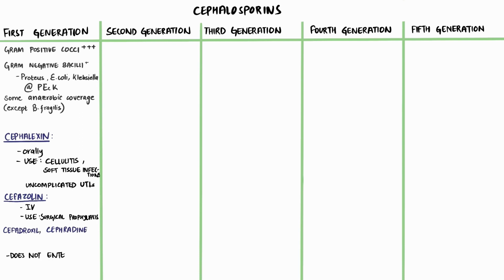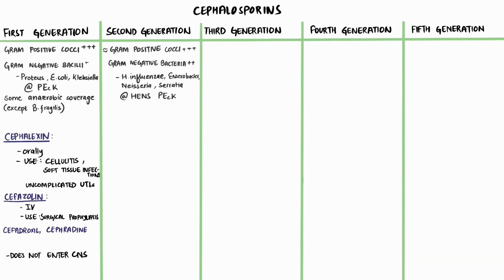Now moving on to second generation cephalosporins. They have similar activity against gram-positive cocci, but increased activity against gram-negative bacteria, which includes Haemophilus influenzae, Enterobacter, Neisseria, and Serratia. Plus, the usual Proteus, E. coli, and Klebsiella, which is similar to the first generation. Here you can use the mnemonic PEC to memorize this bacterial coverage. It also has anaerobic coverage, and the drug cefotetan also covers Bacteroides fragilis.